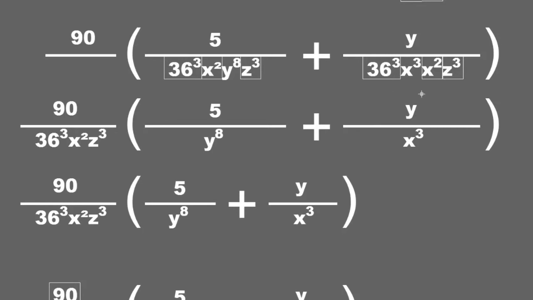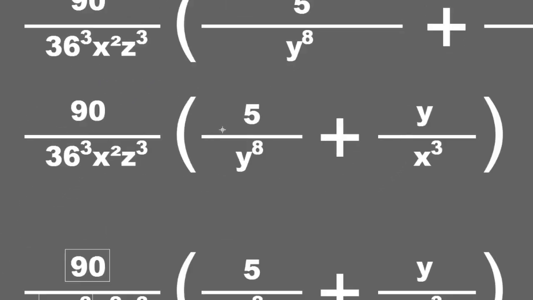And on this side, if I take the similar terms out, the only one that remains inside of the parentheses is x cubed. If I want to go back, I just have to multiply this by y to the 8th power, and I get this back again. Same thing on the other side. Multiply x cubed times all of this expression, and I get all of this back again.